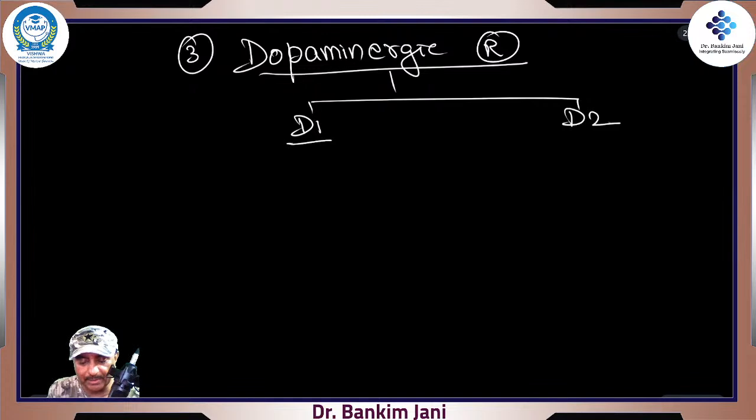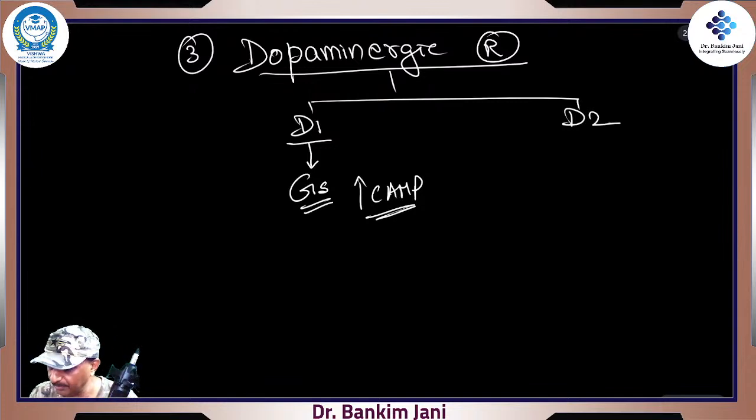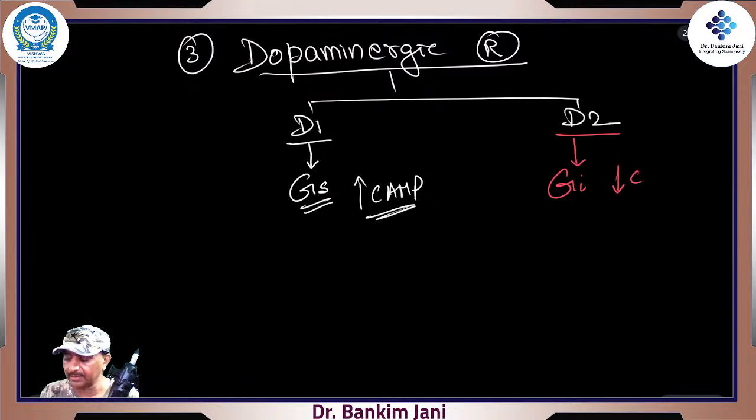This D1 is GS, stimulatory, right? When it is stimulatory, obviously it will increase cyclic AMP. Makes sense. And when it is inhibitory, it is GI, and it would decrease cyclic AMP.